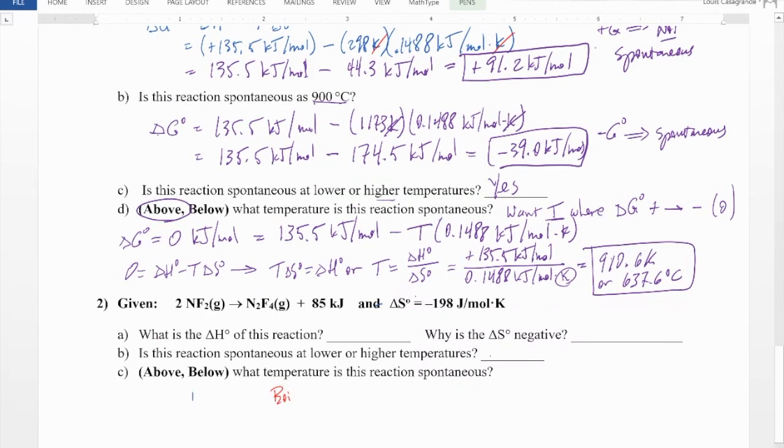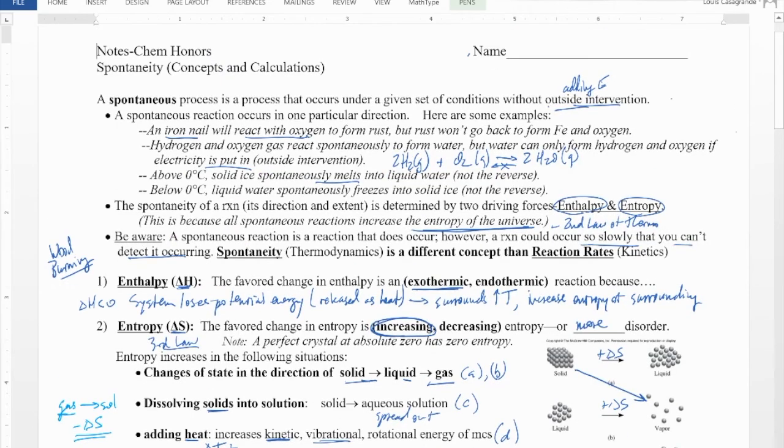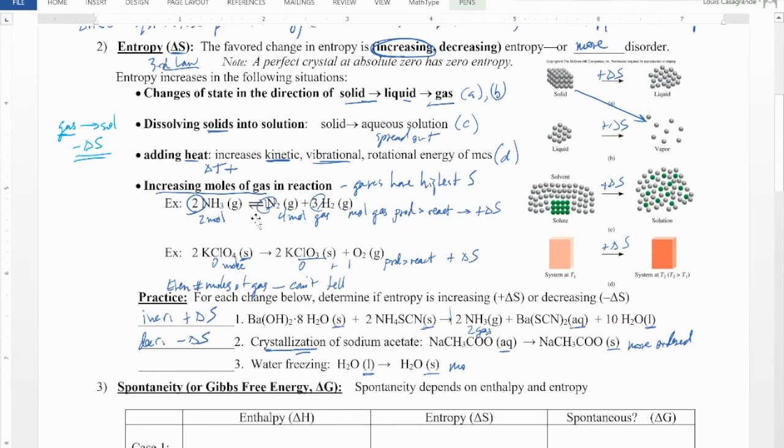Now, if we ever ask you to do a calculation like this and you get a negative temperature, oh, there's my box. How did that get down there?